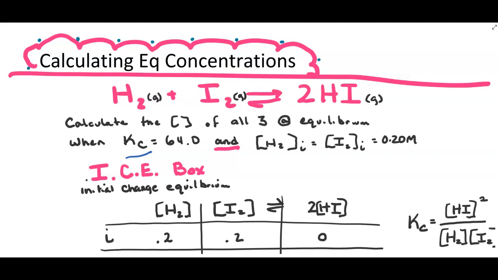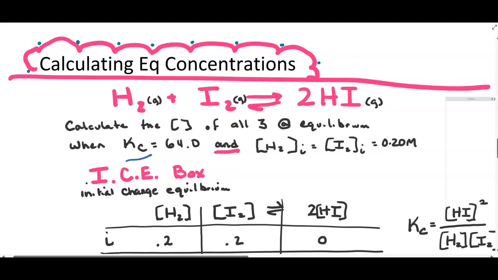And we're told we're going to start out with the concentrations of the hydrogen and the iodine being the same, at 0.20 molar. For that, we use what's known as an ICE box. That allows us to look at the initial given concentrations, the change in concentrations, and the value at equilibrium for each concentration.